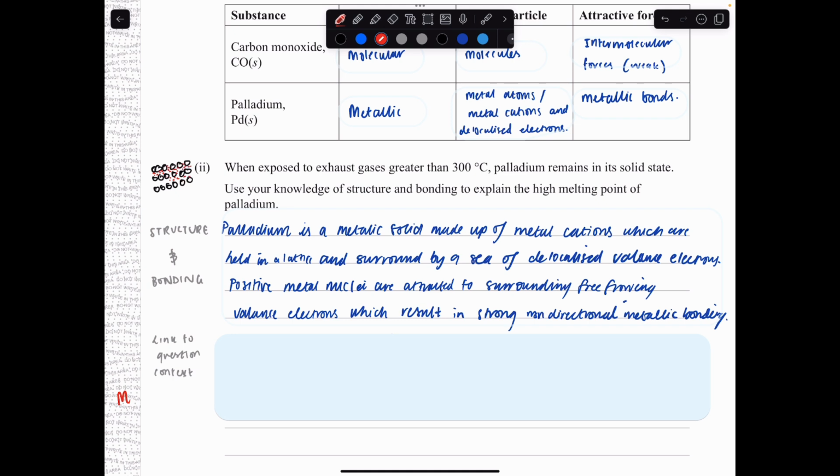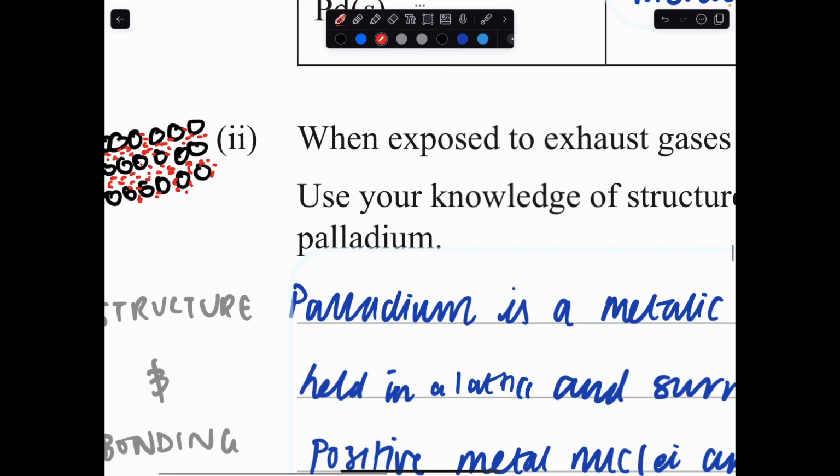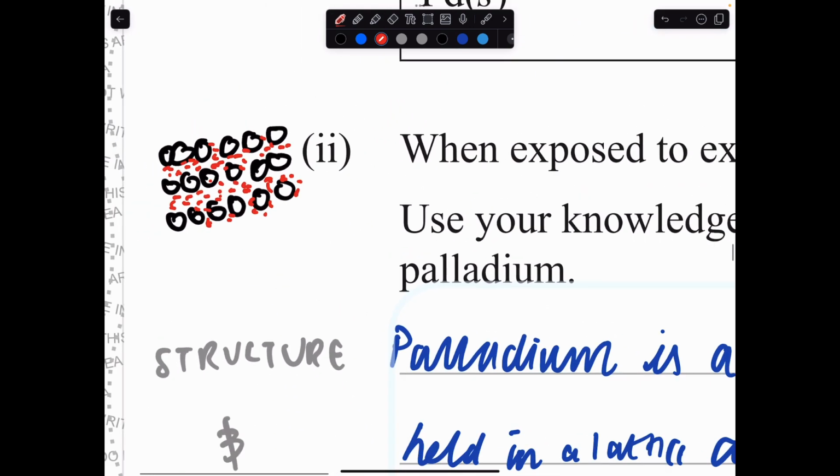They're a sea of delocalized valence electrons, and they're just floating around the positive nuclei. So, since they're moving around, the attraction between these electrons and the positive nuclei are going to be in all sorts of directions.